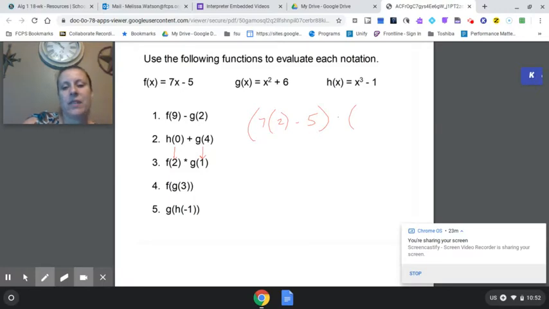So that would say 1 squared plus 6. Okay, 7 times 2, that's 14. 14 minus 5 gives us 9. We are multiplying that by 1 squared is 1, plus 6 is 7. So 9 times 7 is 63.